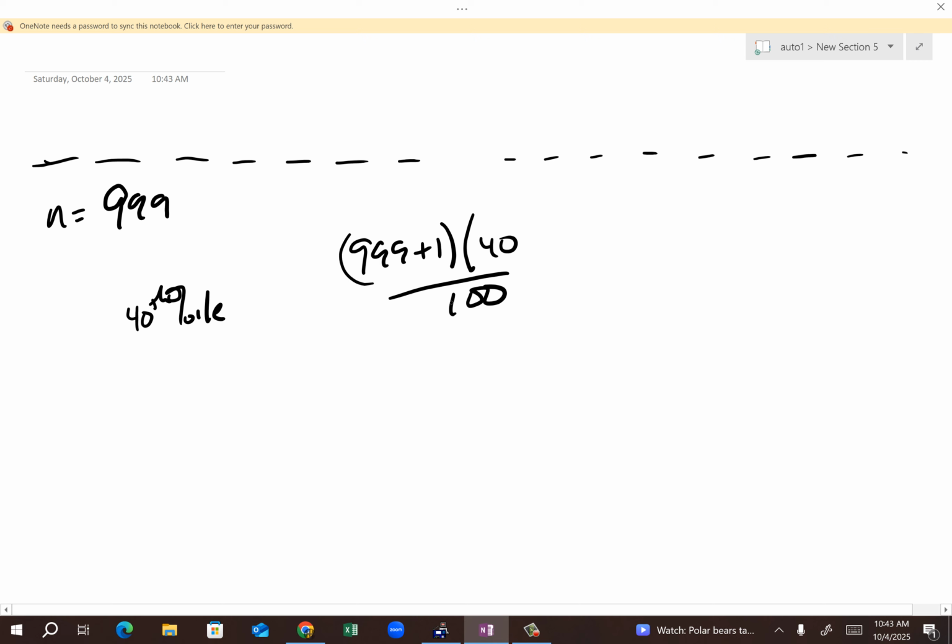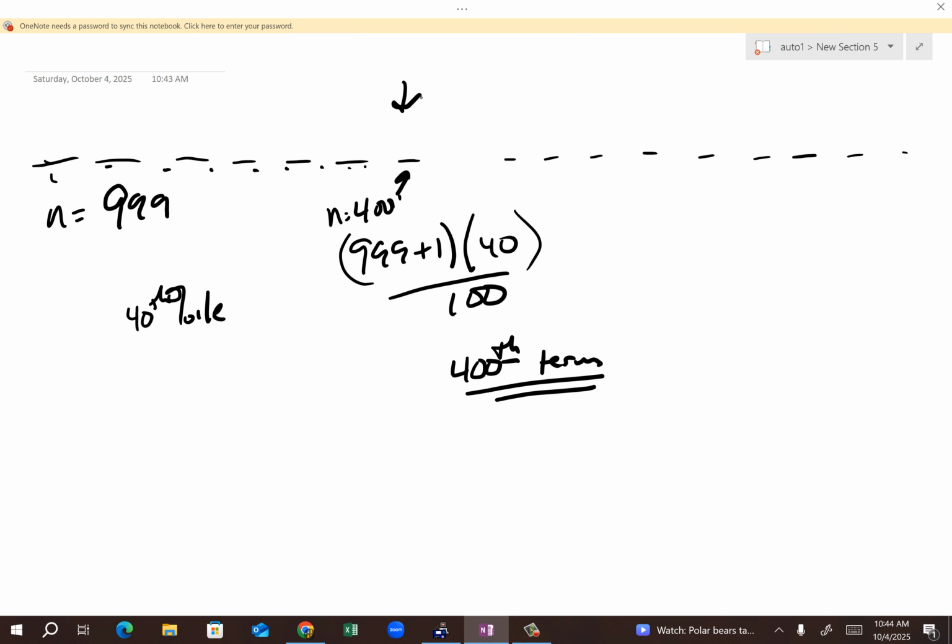In other words, that's 1,000 times 0.4, the 400th term. Because it came out even, we go exactly to the 400th term. So i equals 400. That guy right there will be your guy. It's that easy. The n plus 1 makes sure that there are some underneath of you.